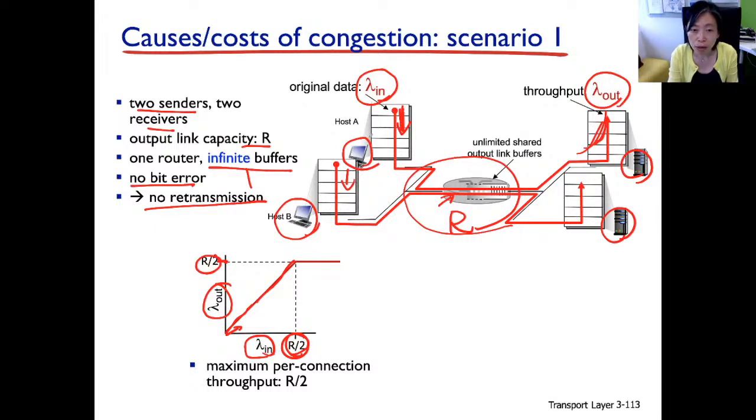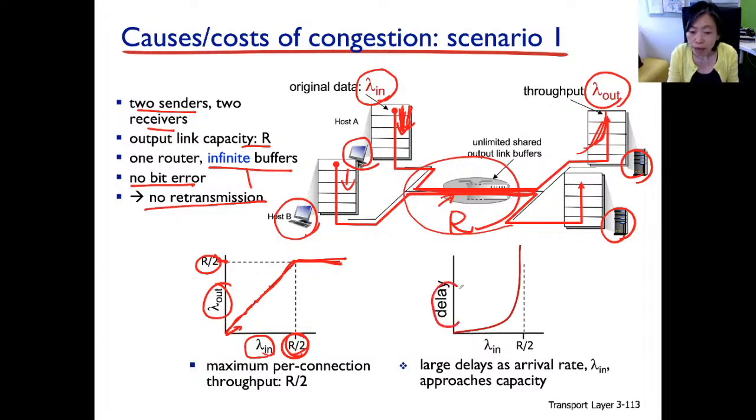So even though lambda_in continues to send more, we hit the ceiling here because the resource is limited right here. We don't get to push more out. So we increase the sending rate, and the receiving rate increases accordingly, but here, even though we're increasing the sending rate, the receiving rate remains the same.